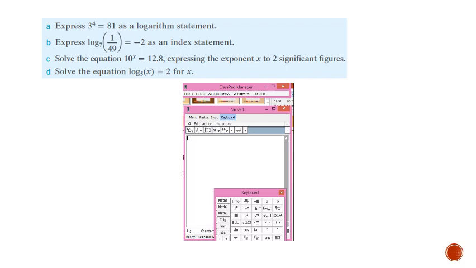There is another one called ln, which is for something called the natural number. We'll come back to that at a later time, but that's something else you might want to know. Okay, so we want log 10, and then you just write 12.8 in there, then we get the answer.